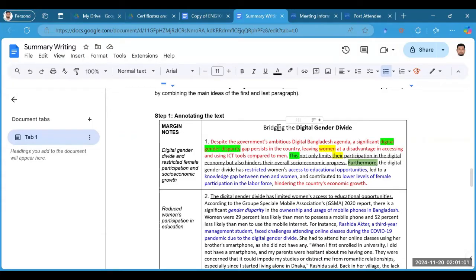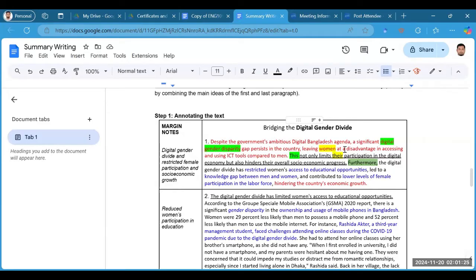All right, if you read the first sentence, we understand that this is the problem. It says that despite the government's ambitious Digital Bangladesh agenda, a kind of policy, a significant digital gender disparity persists in the country. Disparity means gap, or divide. So this is the problem.